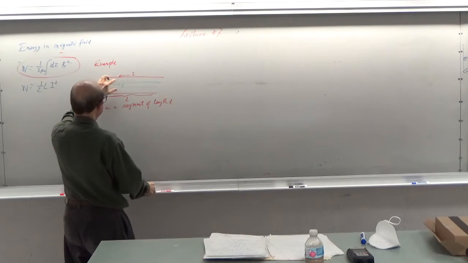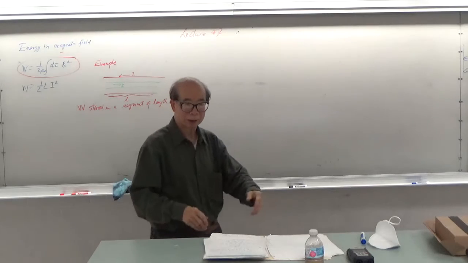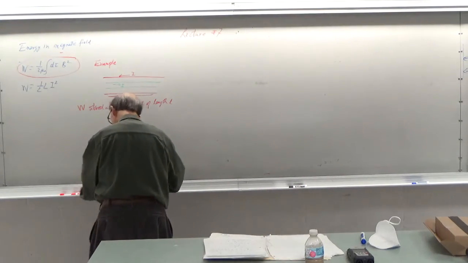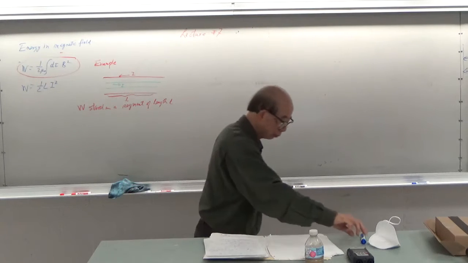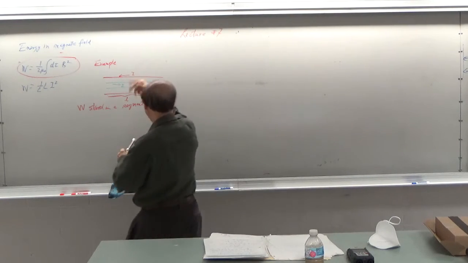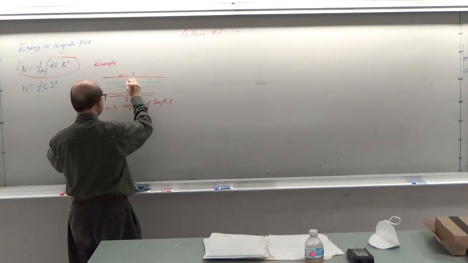There's a magnetic field B in the region between the two cylindrical shells. And you can use Ampere's law, draw an Amperian loop to find out that the B field is circumferential.